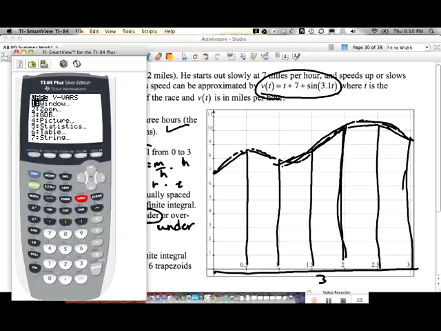The first height is going to be vars, y vars, function y1 of 0.5. No, not 0.5, of 0. Plus 2 times, now we got to put in our next one. It's vars, y vars, function y1 of, now we're going to put in our first point, which is 0.5.